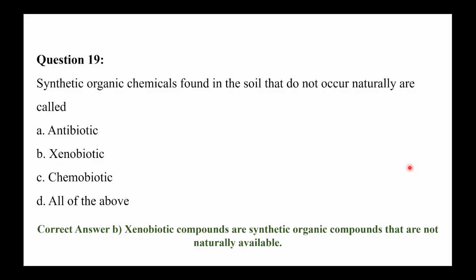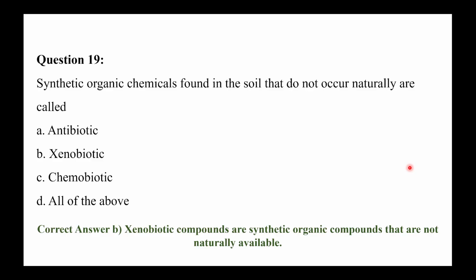But if you introduce a new element or new compound which the nature hasn't seen earlier, obviously it will take time for evolution to work its way and degrade those particular compounds. So all the synthetic organic chemicals, these are mostly pollutants because there's no natural way to degrade them quickly.